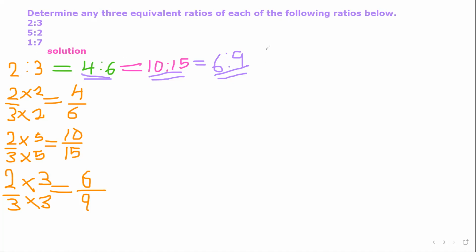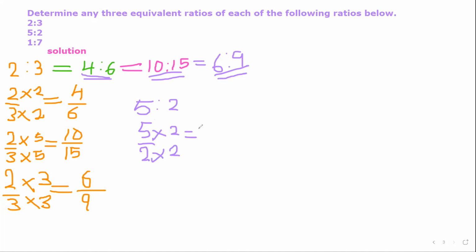Fine. When you take a ratio like 5 to 2, if you want to write an equivalent ratio that will be equal to 5 to 2, just turn this one into a fraction, like 5 over 2. Then you just multiply by any counting number, times 2 times 2, okay?